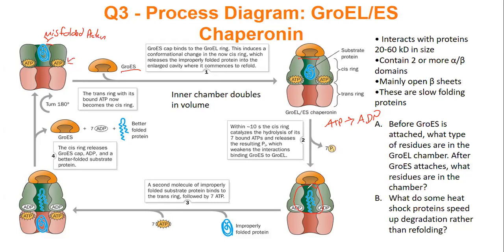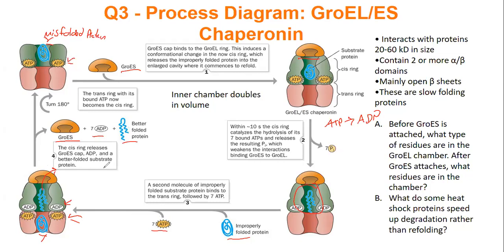And after that, once we have burned our ATPs, a second different misfolded protein will bind our other chamber. 7 ATPs will bind. And once our second chamber has a misfolded protein and ATP bound to it, what will happen is that our GroES will pop off, our ADPs will pop off, and our folded protein, or better folded protein, will leave.